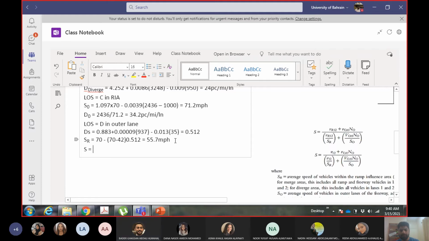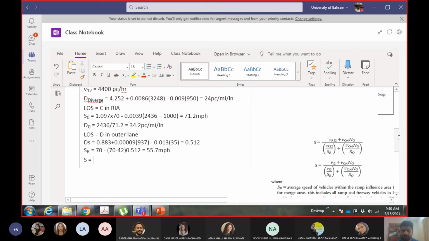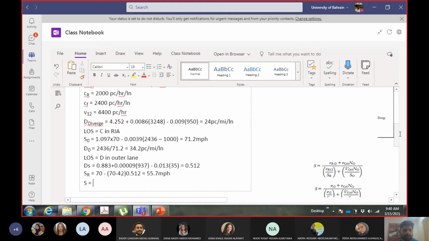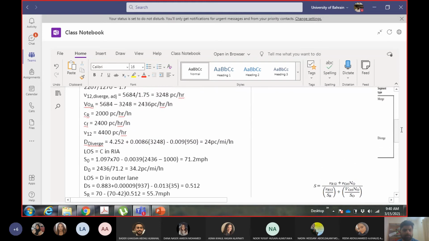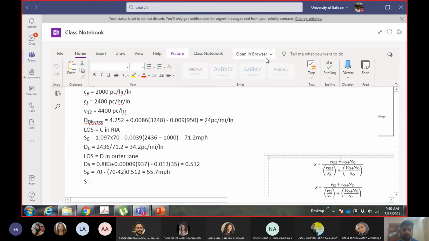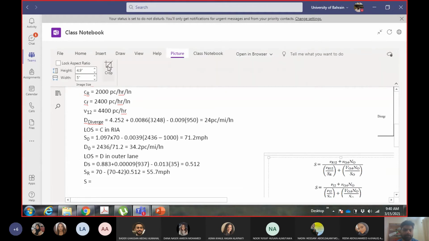DS is a parameter in the equation. So we are just using this equation. The second one, V12, is what we know, which is the adjusted flow, 3248.